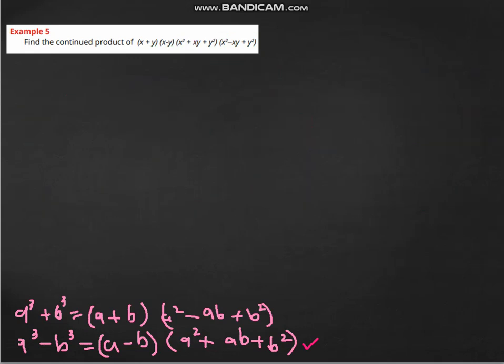Okay, so what we can do here is rearrange this and see if anything fits. So x plus y should go with this one, because a cube plus b cube would fit into this formula.